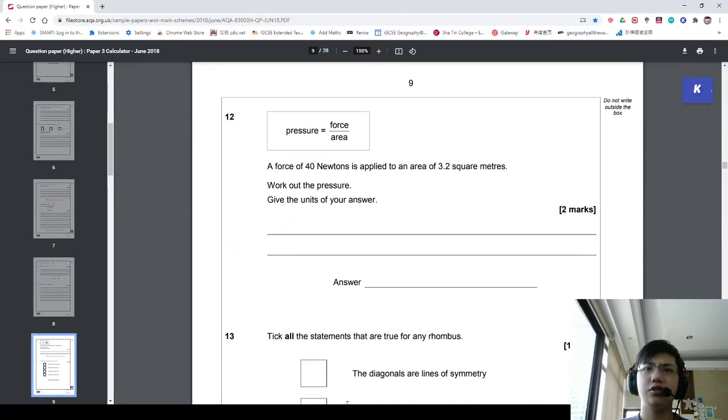Moving on to question 12. Pressure equals force over area. A force of 14 newtons is applied to an area of 3.2 square meters. Work out the pressure. Give the units of your answer.